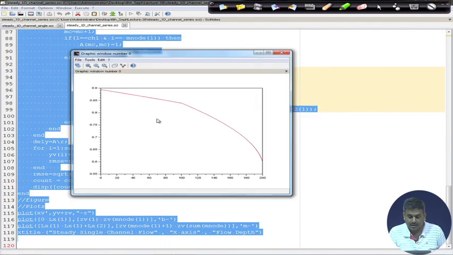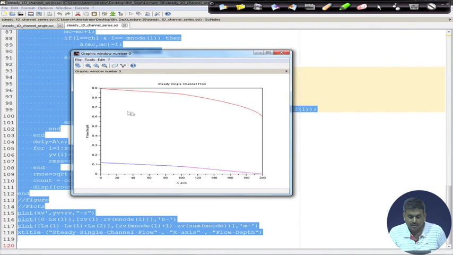So, if we see this value, again this value is somewhat near 0.9 in the upstream section, downstream it is around 0.6, or exactly 0.6, and interestingly in this case the slope is varying.